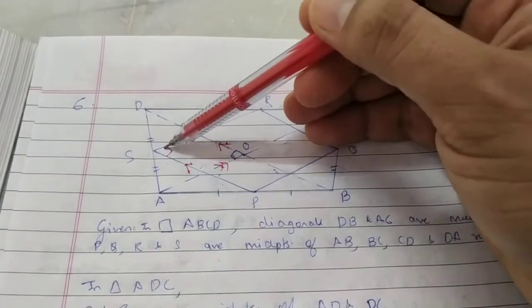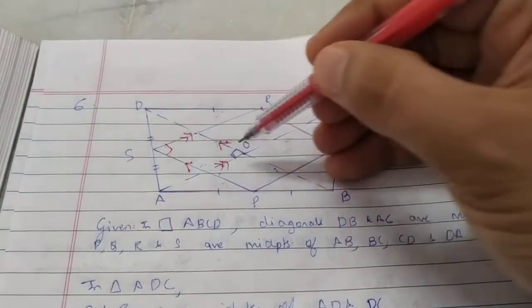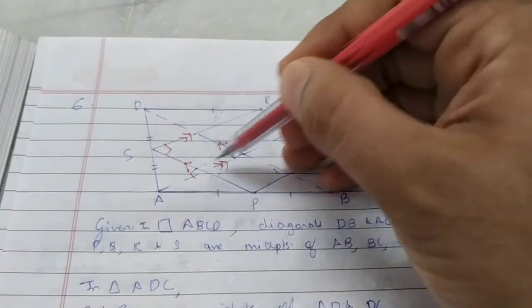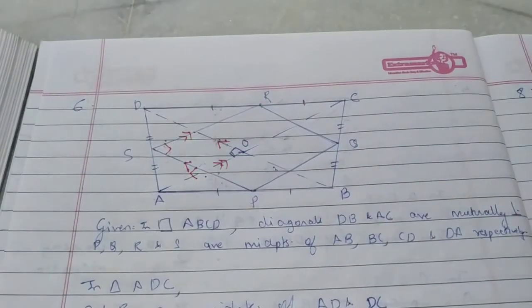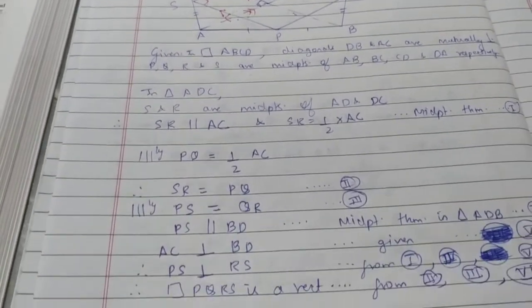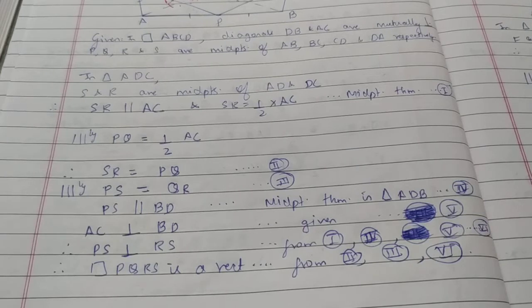So I proved this is 90 degrees. There are other ways as well. You can say by corresponding angles this is also 90, and by alternate angles this is also 90. That way is also fine, whatever suits you, but write proper statements and reasons. This is how I have mentioned, with all the Roman numbers also mentioned.